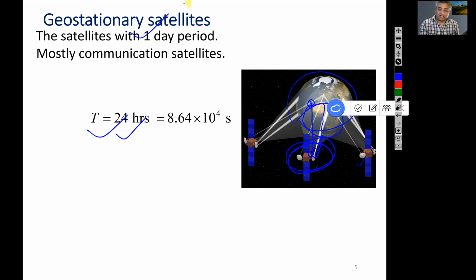So anyway, that's about circular motion and gravitational pull, and the use of circular motion or Newton's law, using the gravitational force as a net force. And this is not just for the Earth, Moon, or our planetary system.